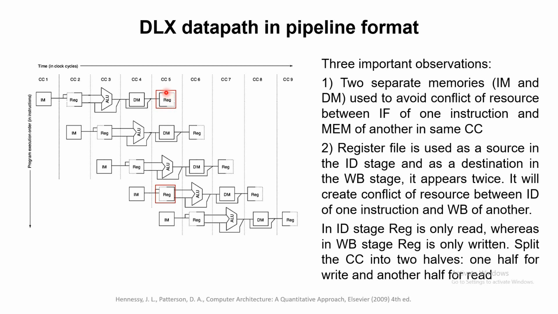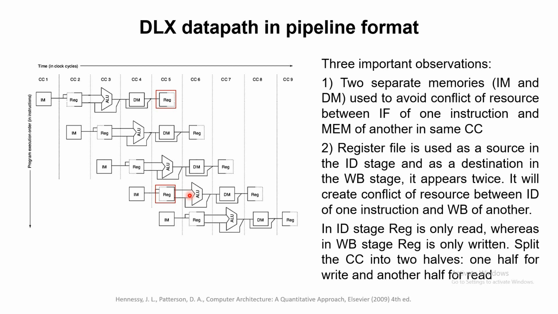So in the first half of the cycle, the write back stage of the pipeline will write the data to the required register, and in the second half of the cycle, the instruction decoding stage of the pipeline will access the data of the register and send it to the next stage.